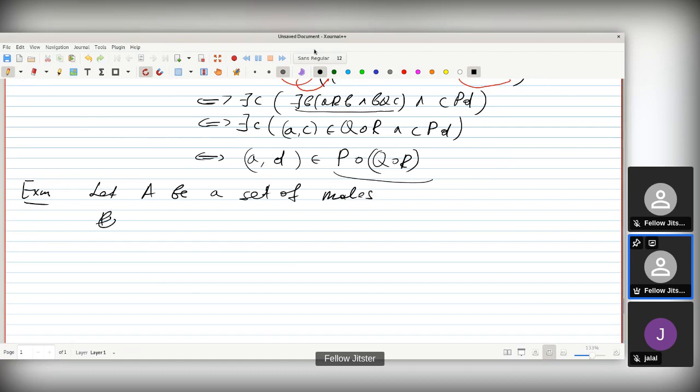Let XPY mean, by definition, that X is a son of Y. So this relation XPY is the relation of a son to his father. Is it clear?